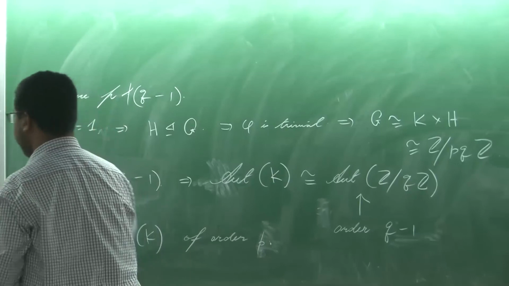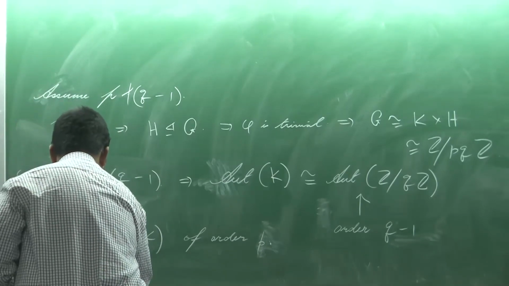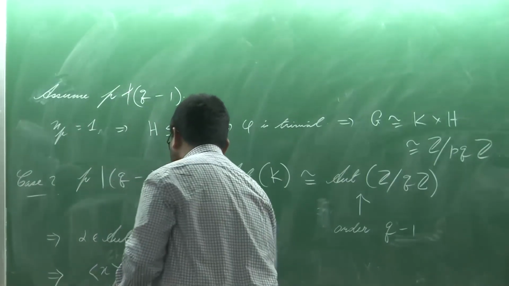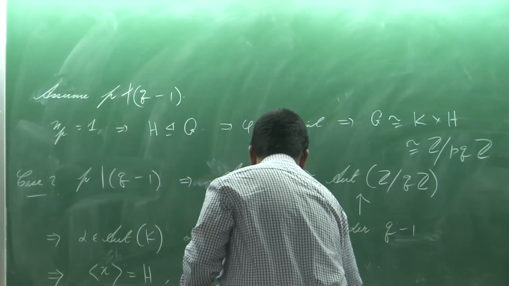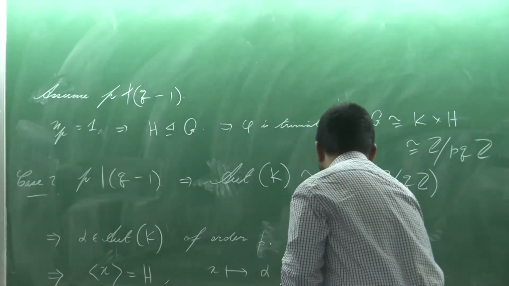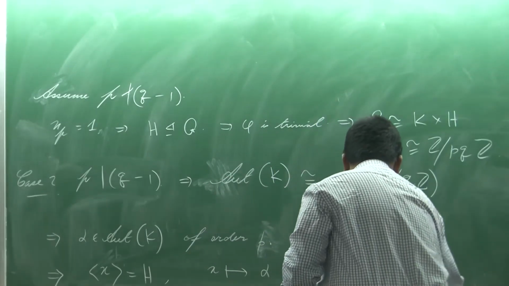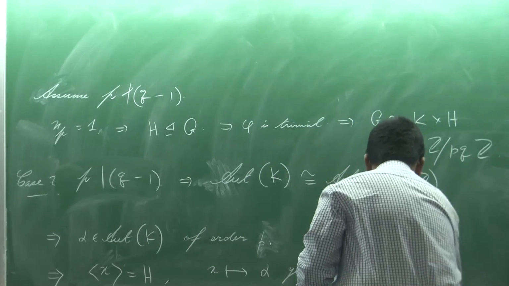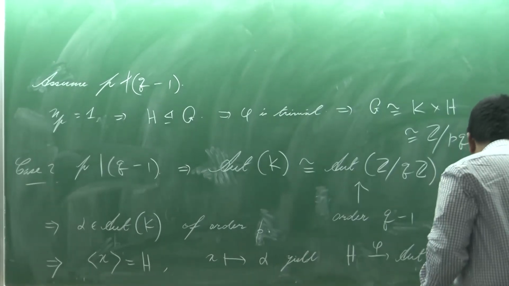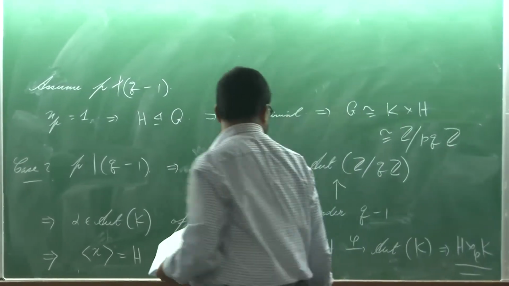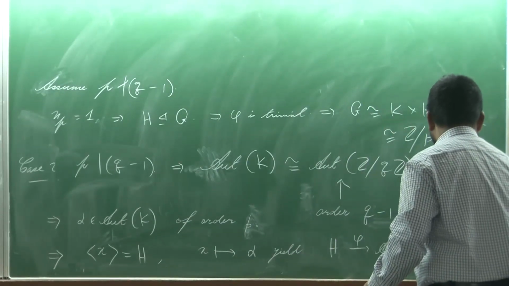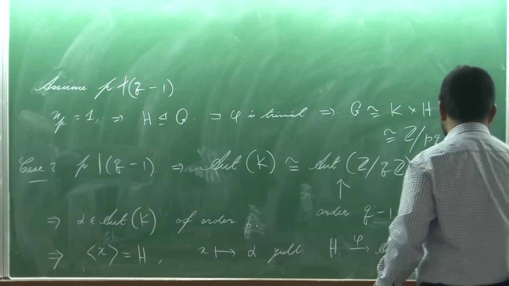So then H is there. Let x be a generator of H. Now, sending x to this alpha, we obtain a non-trivial homomorphism from H to Aut K, which results in a group that is non-abelian.